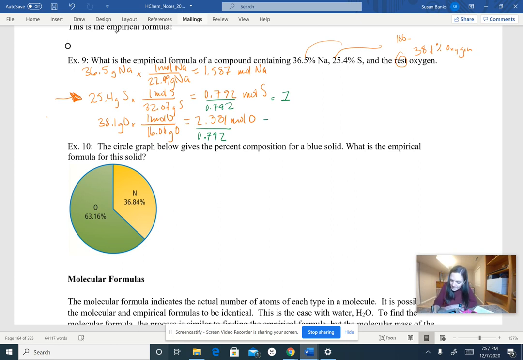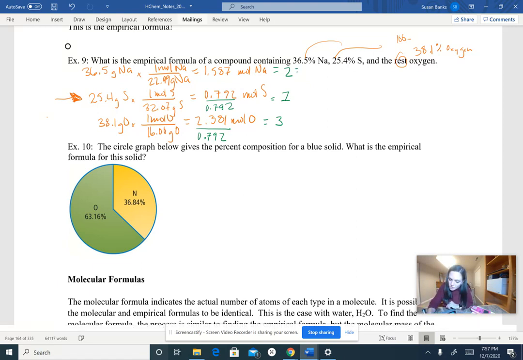That's pretty dang close to 3. So we're going to call that 3. And if I take 1.587 and divide by 0.792, that's 2.0037. So that's really, really close to 2. That's our whole number. So there's our whole number ratio.